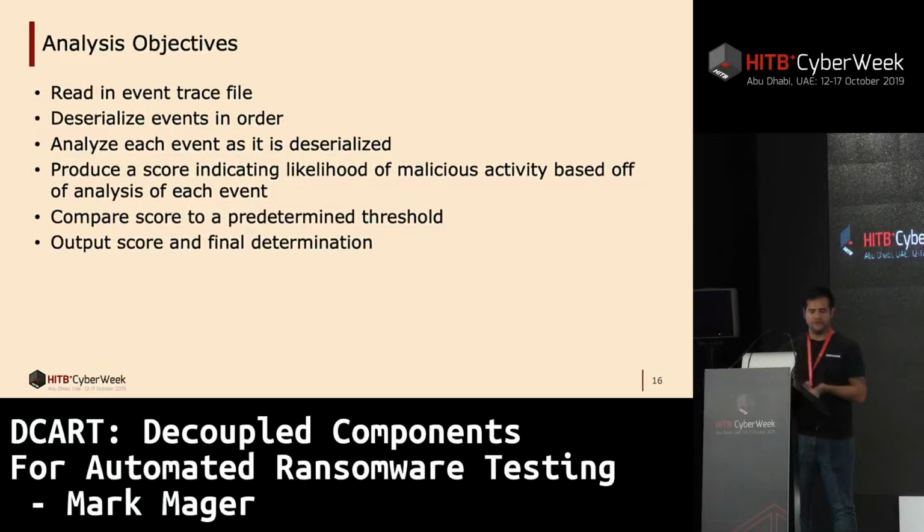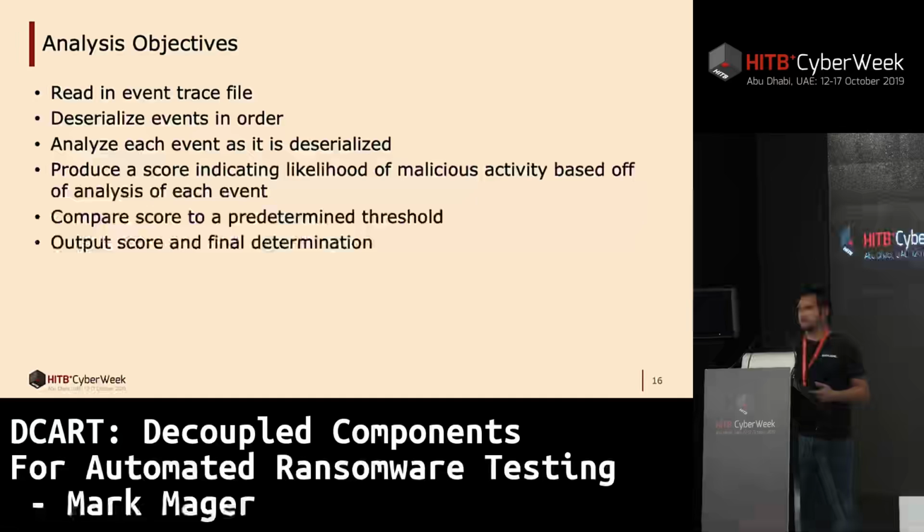So then for each event, we're going to produce a score that will indicate how malicious or how anomalous that specific event looks to us, according to the metrics that we have written out.